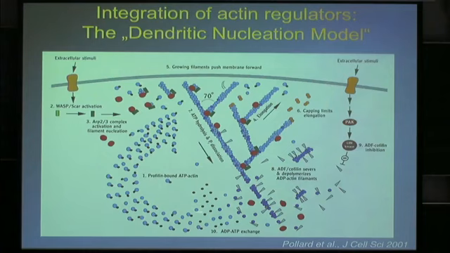This model is also called the dendritic nucleation model, and it describes how all these different regulators work together to initiate polymerization, to pursue elongation, then recover the actin subunits, and then ensure the cycle. So altogether it works in a continuous mode to ensure persistent dynamics of the leading edge.